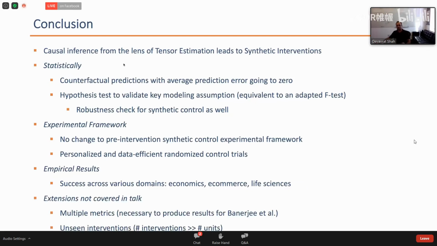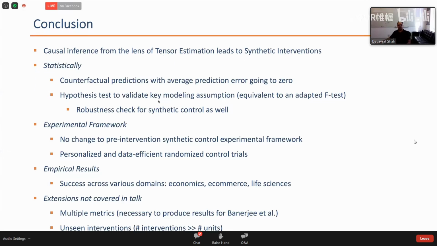So as I mentioned, if nothing else, please take one thing away: tensor estimation is an excellent lens for synthetic intervention or causal inference. And synthetic intervention is just one method, but there might be many things that are hidden once we start unraveling this connection.